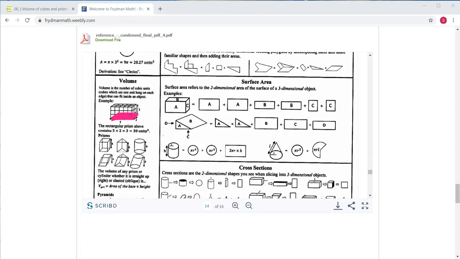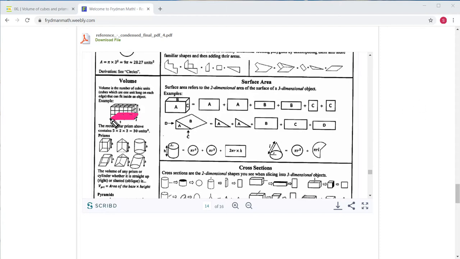I know that looks like a parallelogram, but that's just because I'm trying to draw something two-dimensional in three-dimensional space. So basically, the idea to find the volume of a prism is to find the area of the two-dimensional base. So over here, this would be a rectangle.